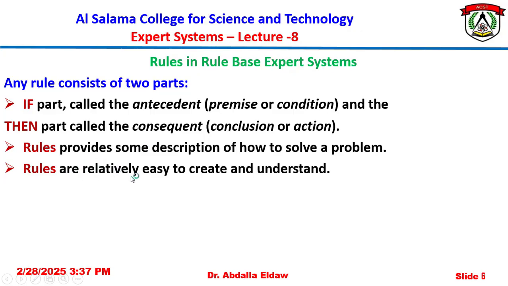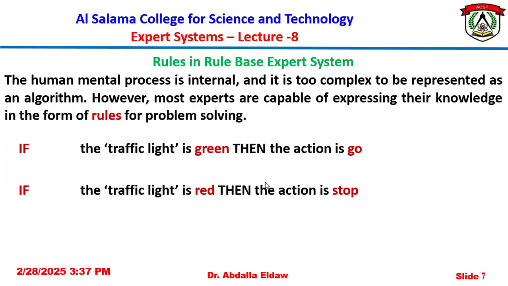Rules are relatively easy to create and understand, because expert systems in general are strongly related to natural language, because the question or the rules are understood by the system on one side and surely understood by the expert or by the human on the other side. The human mental process is internal.